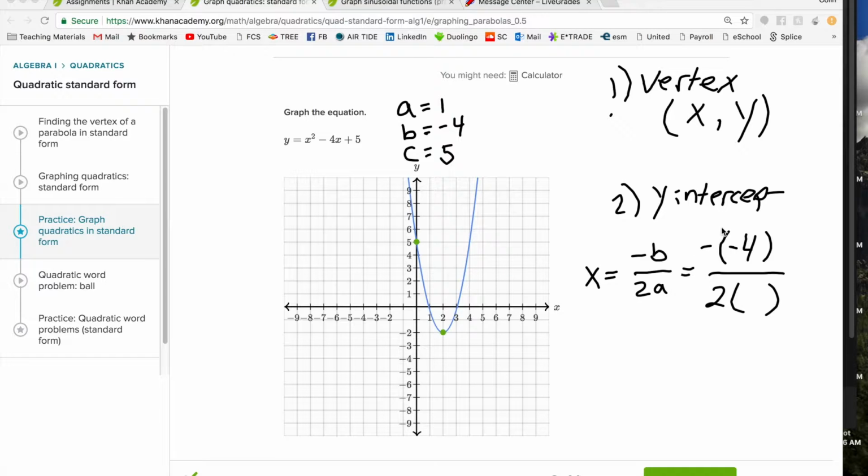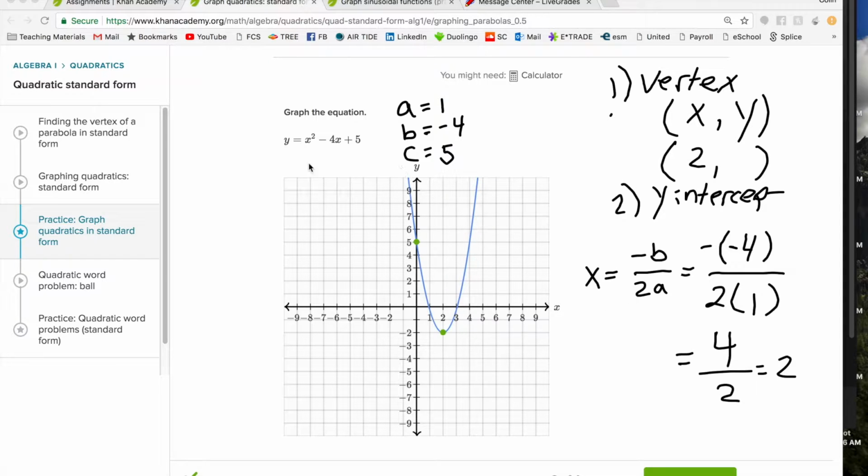Two negatives make a positive, so as long as we use our parentheses and put everything in right, we'll keep track of that. Okay, our a value is 1, so we'll put 1 where it goes. So we've got +4 divided by 2, and that is going to be 2. So our x coordinate of our vertex is going to be 2.